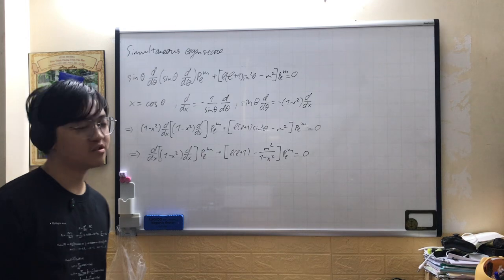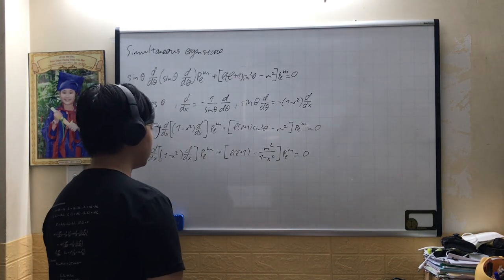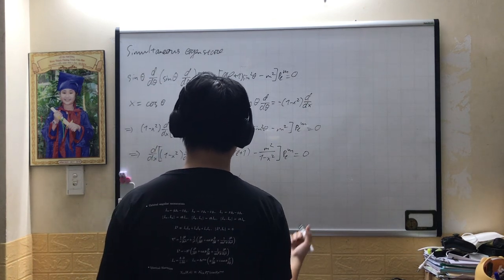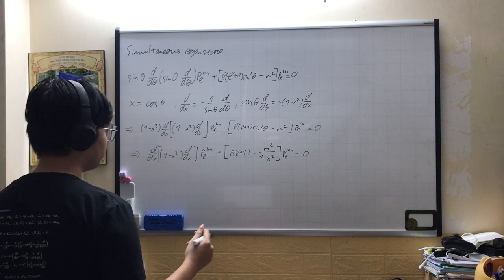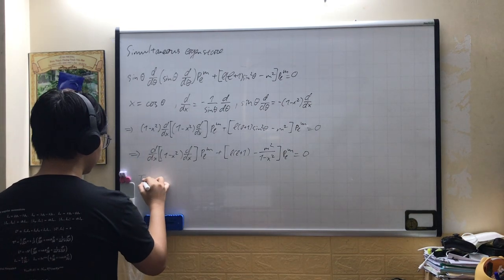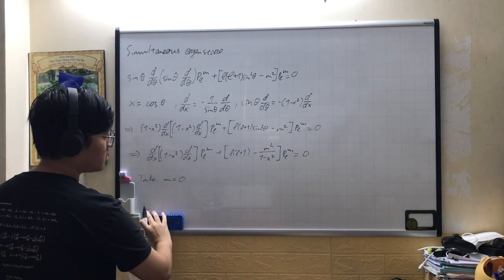Okay, so now you have successfully isolated this l term, which is our important term, since the m, well, essentially it does do something, but it is not as important and as prevalent as the l term in the polynomial. So from there, what you can do now is you take your m to equal to 0.